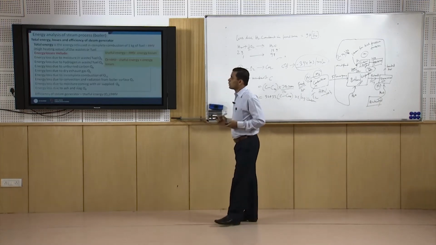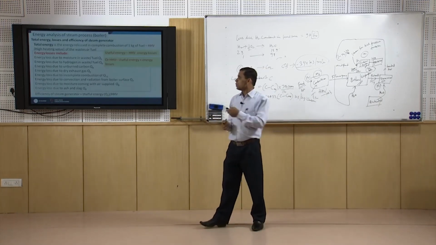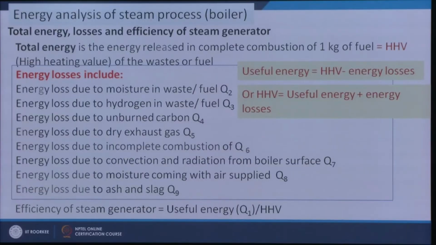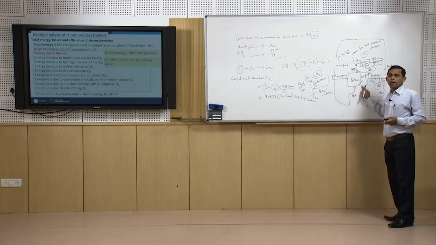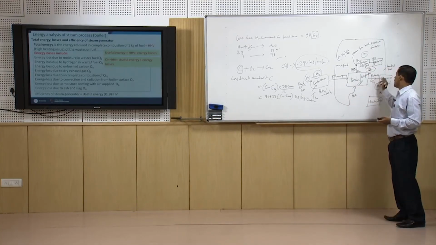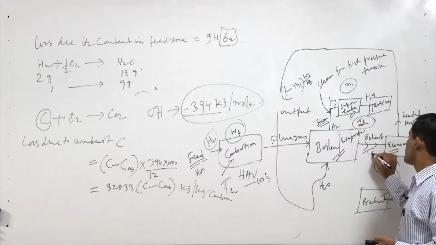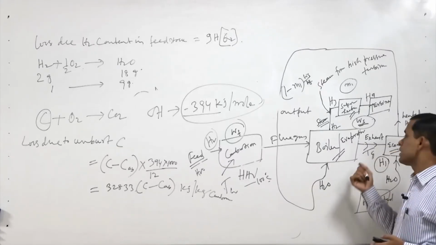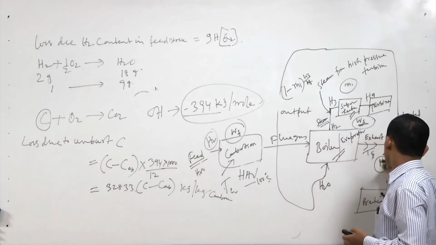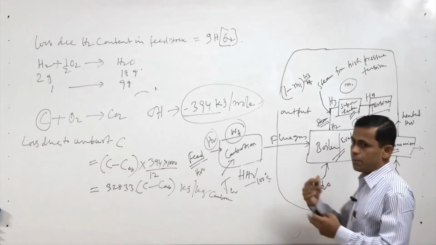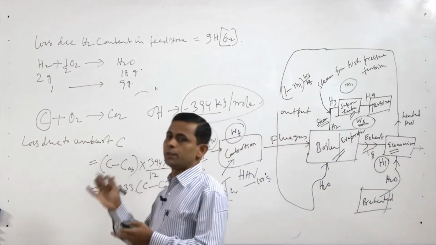Next, another loss we may have is energy loss due to dry exhaust gas. Dry exhaust gas means after this steam generation, the exhaust from the boiler or evaporator will also have some heating value, at temperature Tg. If we do not use any other heat recovery unit, that is going to be lost.